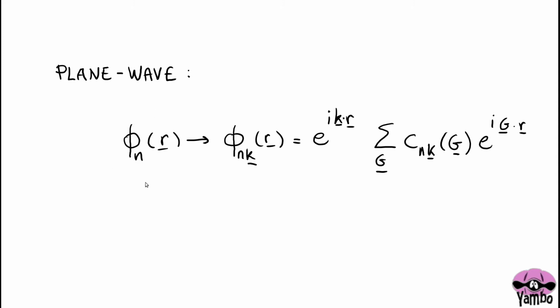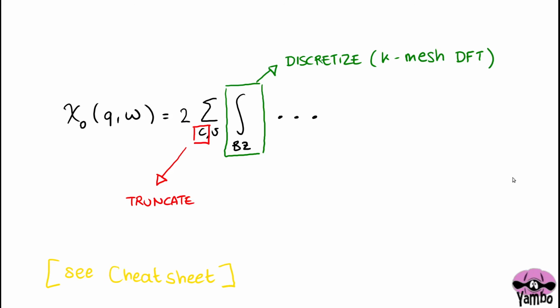Then you can substitute the expansion in plane waves into the previous expression, and if you work it out, it will be quite a complex expression. You will see in the handouts something called the cheat sheet, which contains all these expressions, so you can refer to that. But what is important, and also highlighted there, are all the sums which need to be truncated.